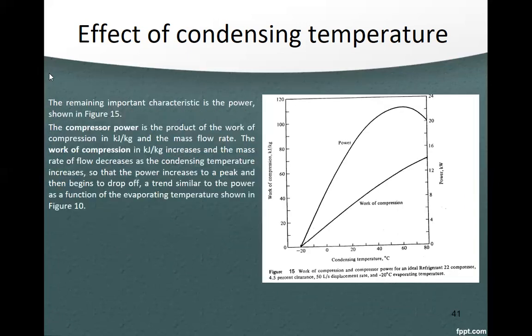So, the remaining important characteristic is the power. Power of compression is per kilogram. Ito naman yung power multiplied, yung work of compression. The compressor power is the product of the work of compression in kilojoule per kilogram and the mass rate of flow.